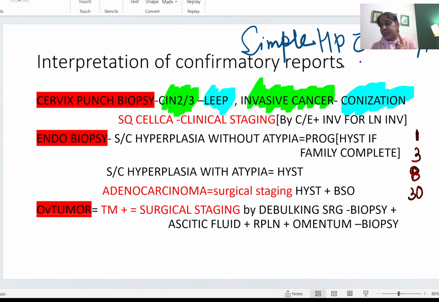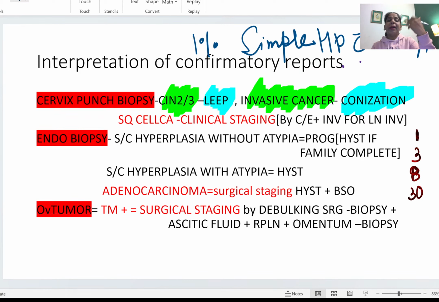Only 1%. The risk of CA endometrium in a patient whose biopsy shows simple hyperplasia without atypia is only 1%.